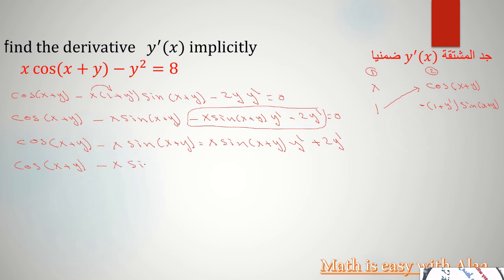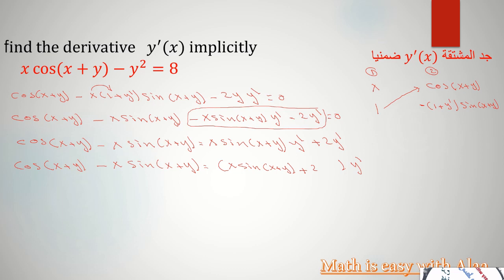So I will write it again. I will open brackets and write y prime outside. What we will have here is x sine(x + y) plus 2. To leave y prime alone, we will divide both sides by x sine(x + y) plus 2.